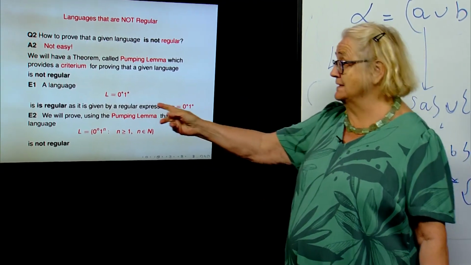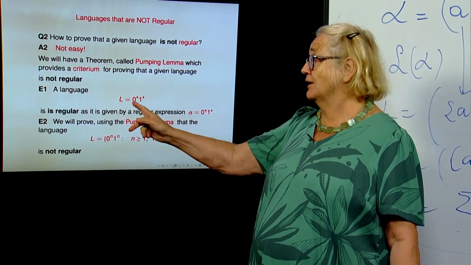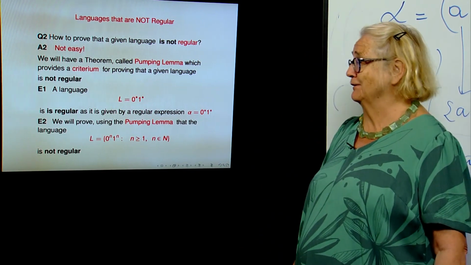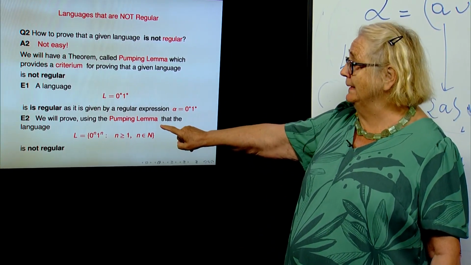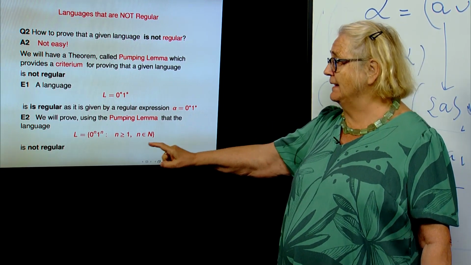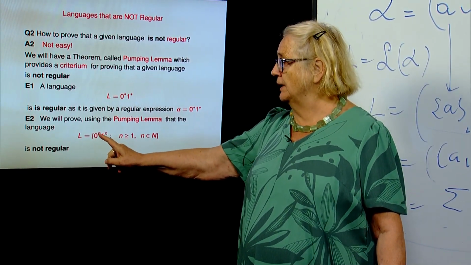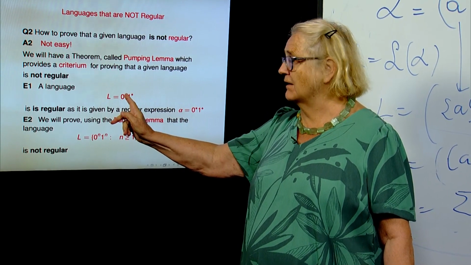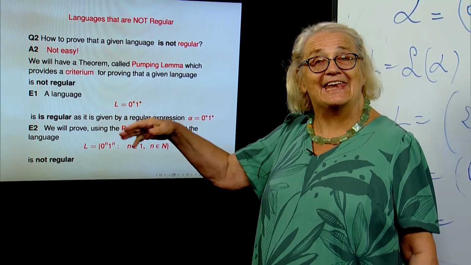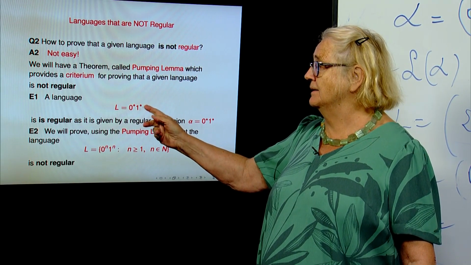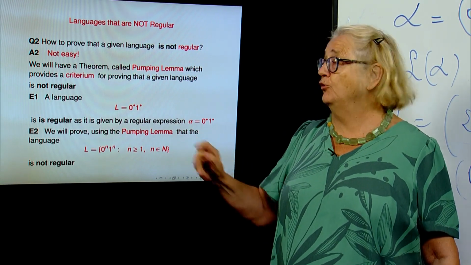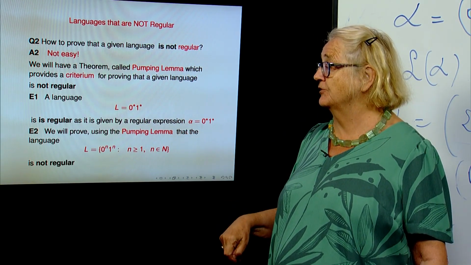For example, this language is regular because it's given by that regular expression. We will prove using the pumping lemma that the language 0n, this is star. Star means any number of zeros, followed by any number of ones.